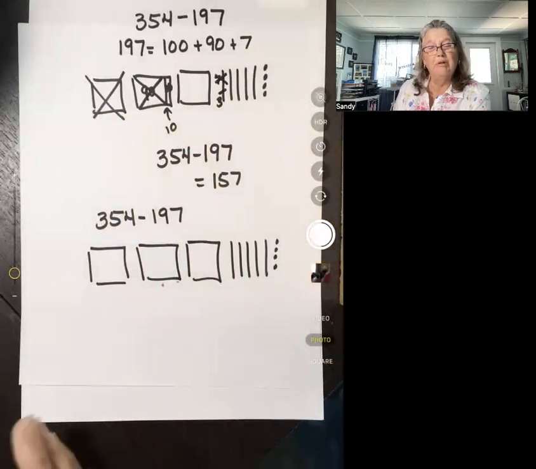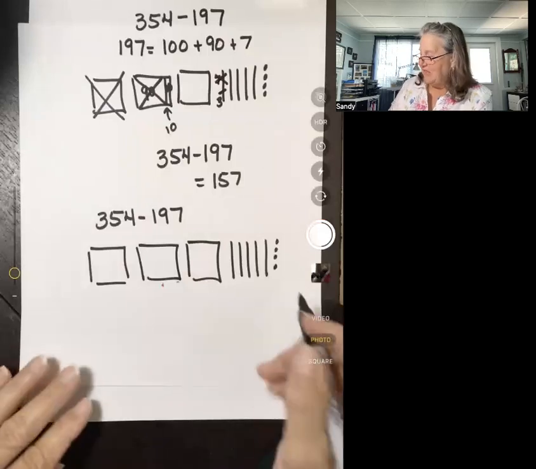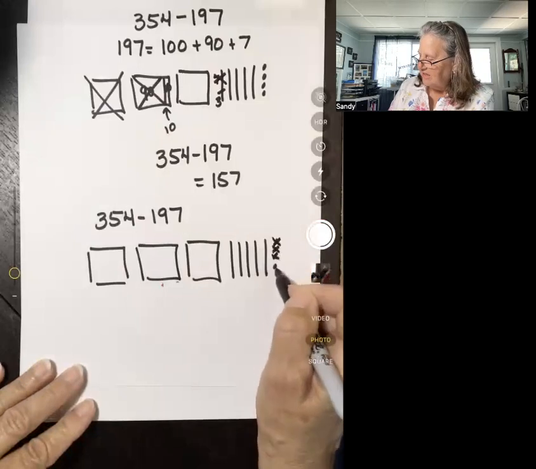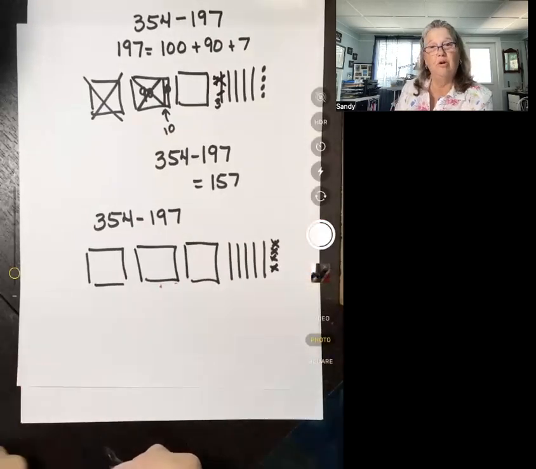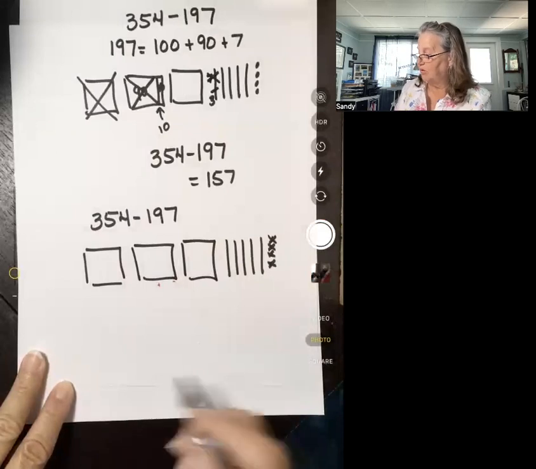Kind of how we did when we learned the algorithm. They'll remove the ones first. They'll remove what they have. Now, this is tricky in some ways, quite smart of them. They remove 4 ones, but they still need to remove 3 more ones, right? To get rid of 7 ones, they still need to remove 3 more.